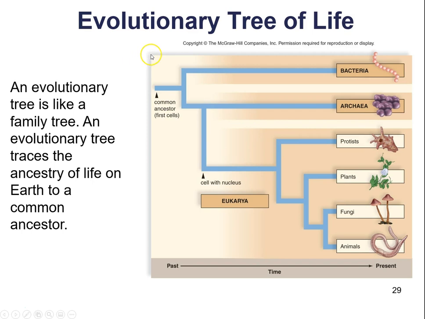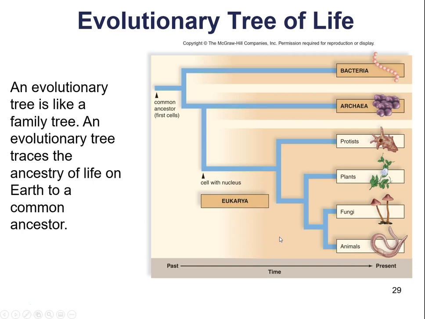What this is showing you here is bacteria, archaea, and then as you move down here, you see that this cell had a nucleus. So now you're talking about eukaryotic cells. This is eukarya here, and all of these groups are part of this domain, eukarya.